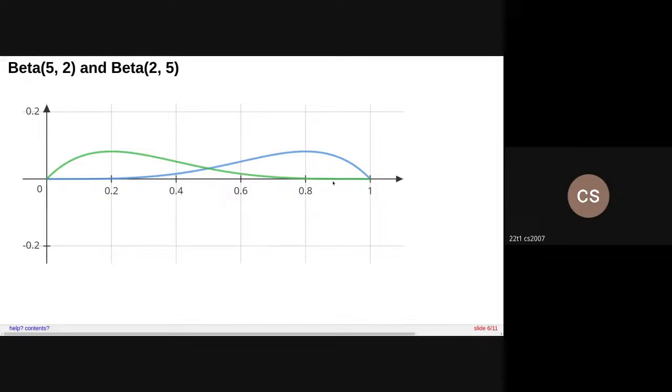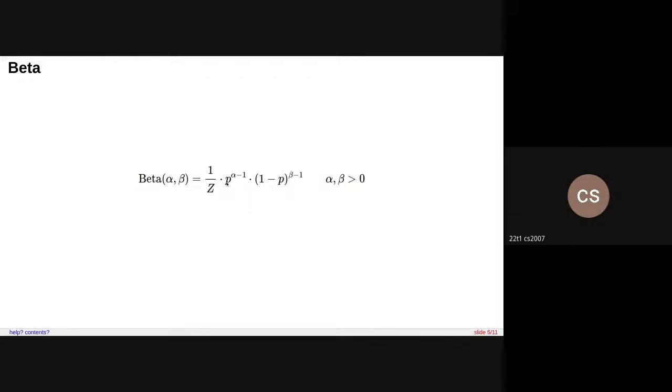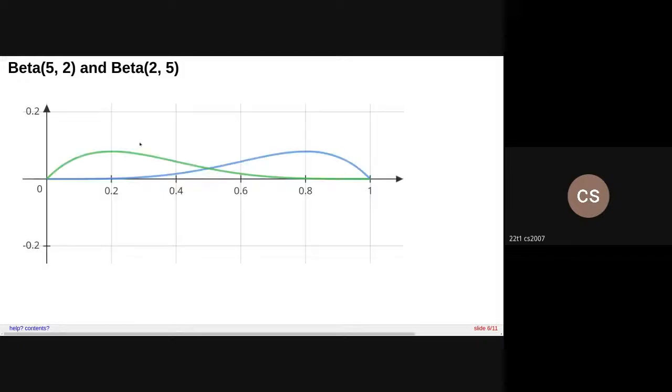When P is close to 1, the value of the density is high. So when P is high, alpha should be high for the blue curve. That is why alpha should be greater than beta here.